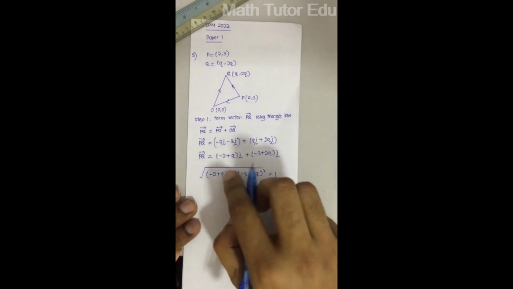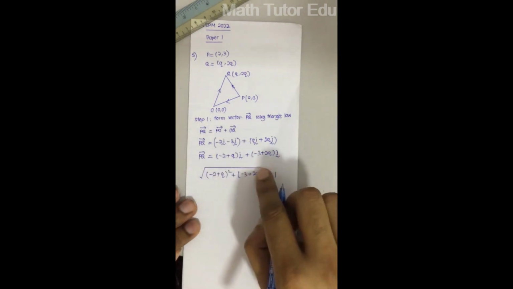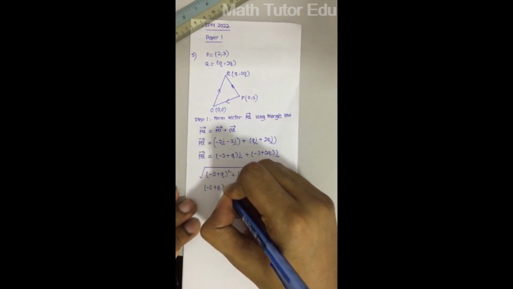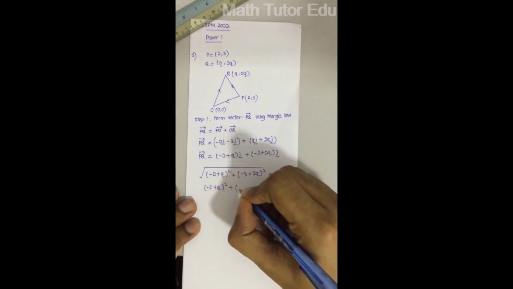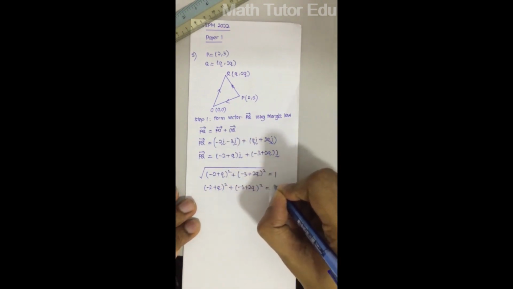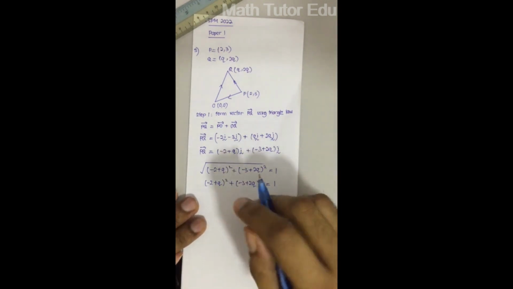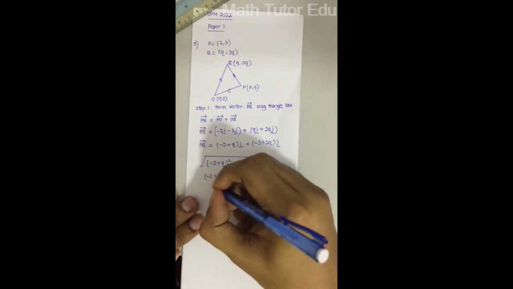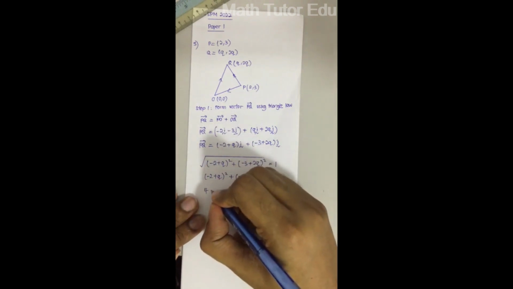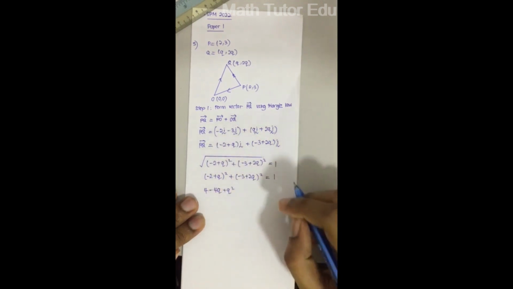Okay, so from here, let us square both sides to eliminate the square root. So (-2 + q) squared plus (-3 + 2q) squared equals 1. Let us expand these two brackets respectively. From (-2 + q) squared, you get 4 minus 4q plus q squared.